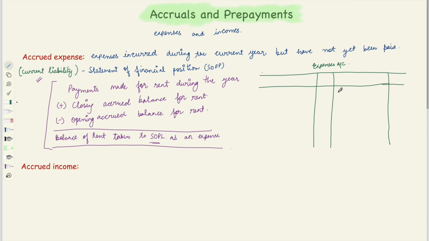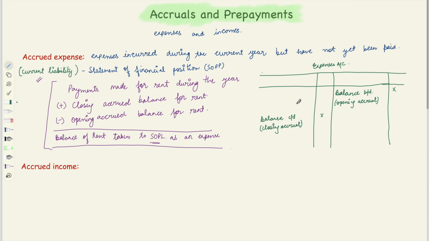So balance brought down. What is this opening accrual? Now, opening balance and closing balance are always opposite for each other. Then my closing balance will be on the debit side. Closing accrual.